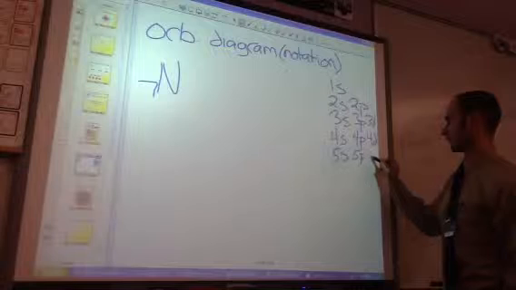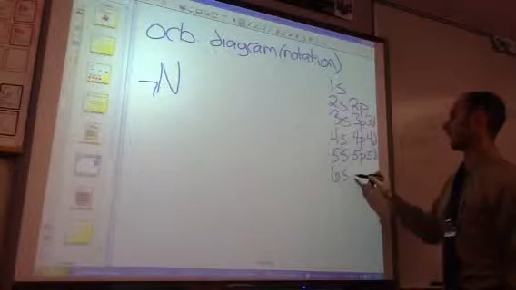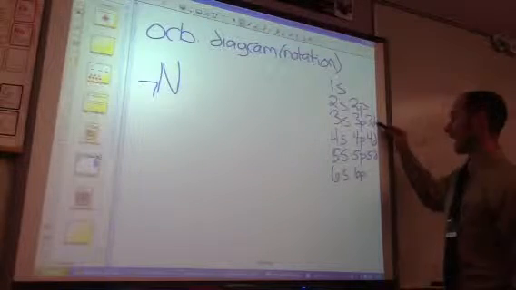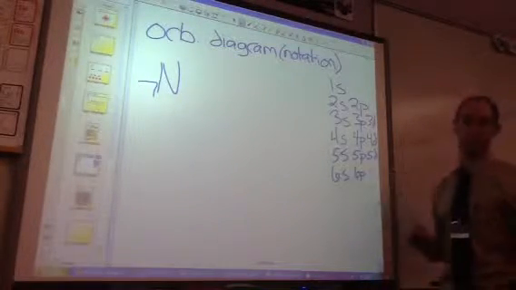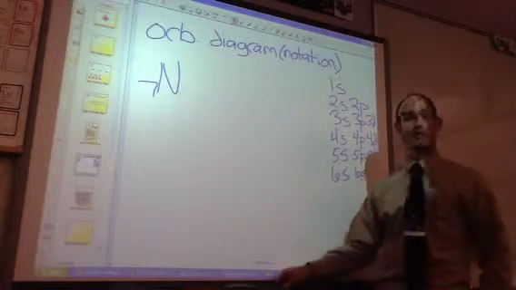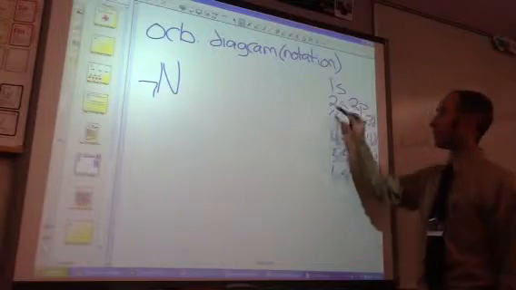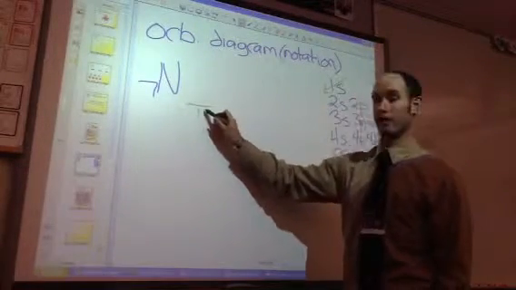Do you do that 7 times? Basically, yeah. For our class, there are really f orbitals over here, but we don't use them. We're going to stop at 6s. Remember how to use this? I start with 1s, so my first line is 1s.